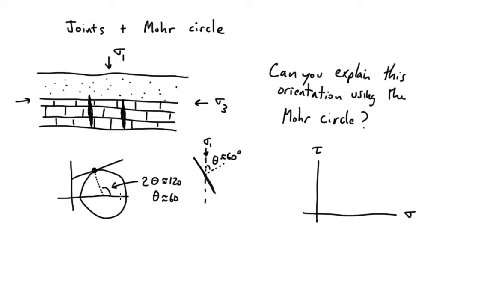Okay, so the answer is, if we basically just tilt this another 30 degrees, theta equals 60 plus 30, so theta is 90, 2 theta is 180, so it's right here. 2 theta all the way over here.